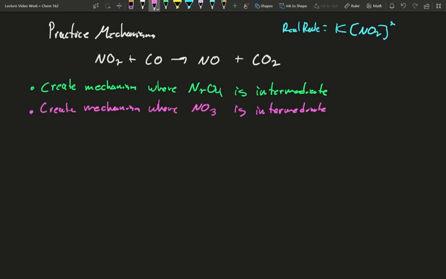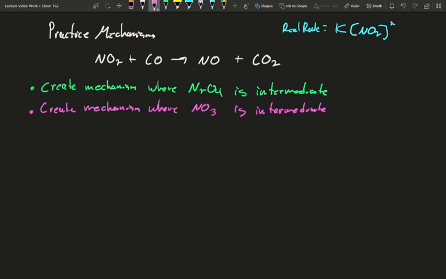So we have two options I'm going to help guide you with here. Try and come up with a mechanism where in one case you're going to produce N2O4 as an intermediate, and another where you're going to produce NO3 as an intermediate. These will be two separate ideas for a mechanism.